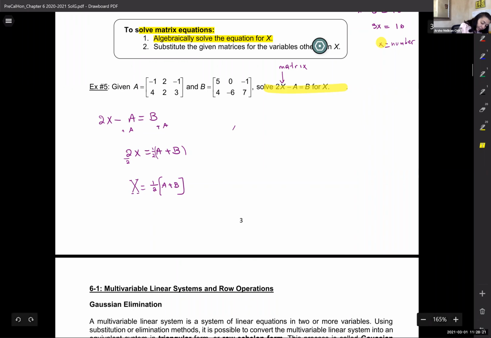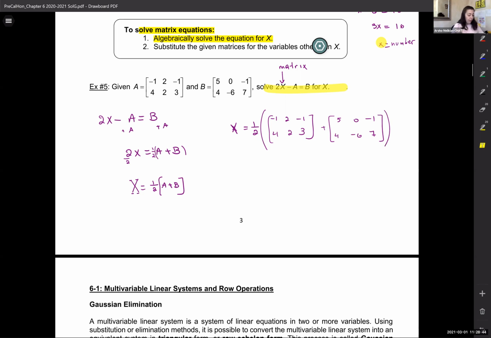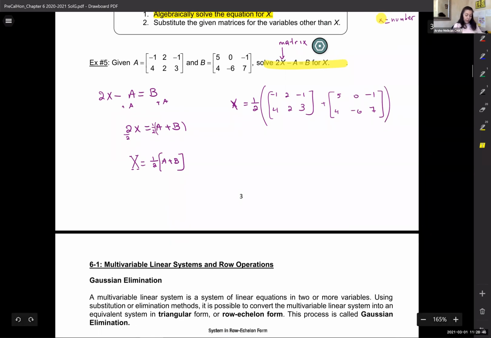So now I say capital X is half times A, -1, 2, -1, 4, 2, 3, plus B, and then you do your math.